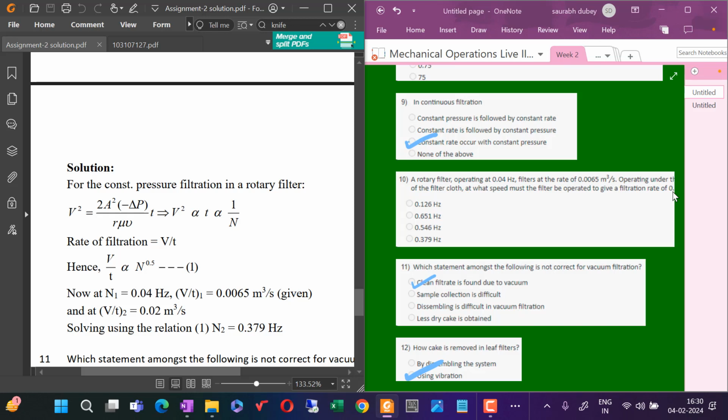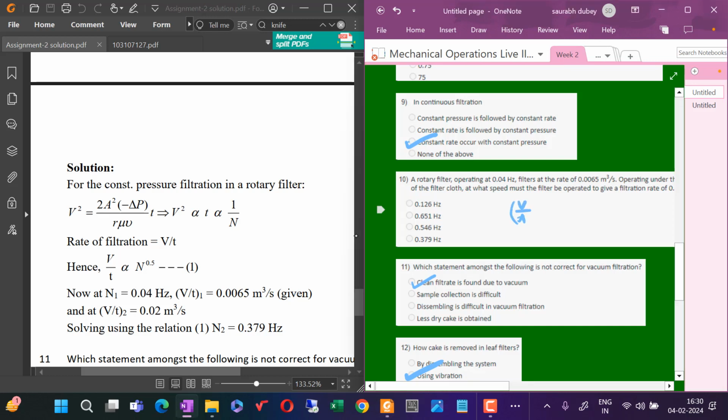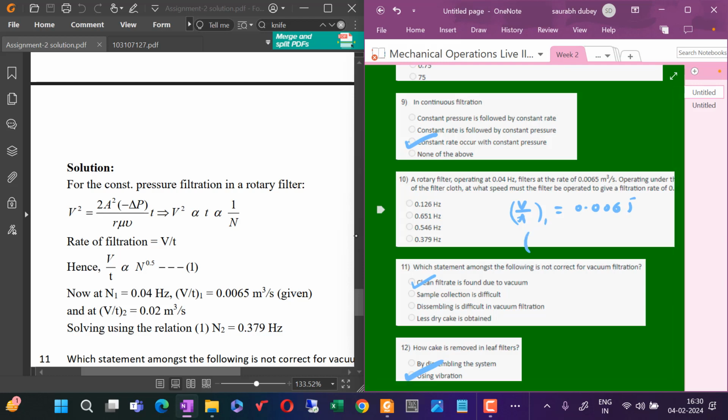It has been asked. Initially, it is giving a filtration rate V by T of 0.0065, and finally it is asked when it will give 0.02 meter cube per second.